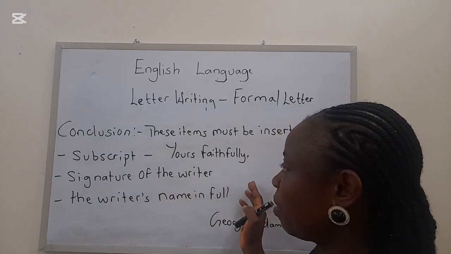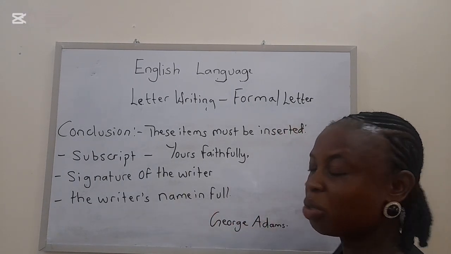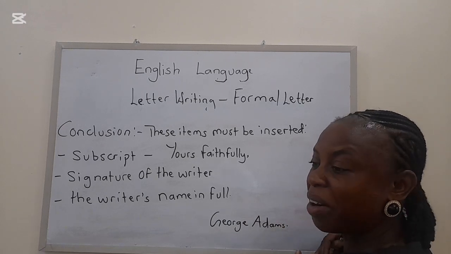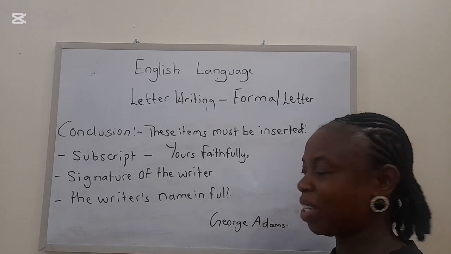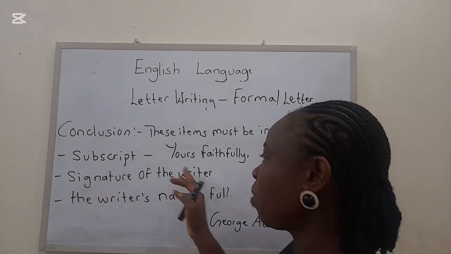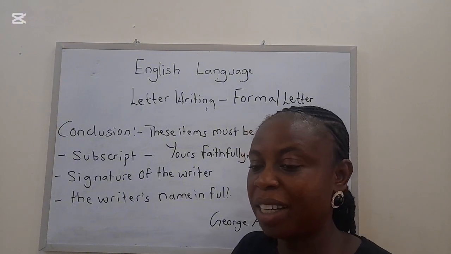So, Yours faithfully. After the Yours faithfully, this is going to be written beneath the last paragraph, a line or two after, at the right hand corner. Then comes the signature of the writer. Your signature is important. You all have signatures, I guess.